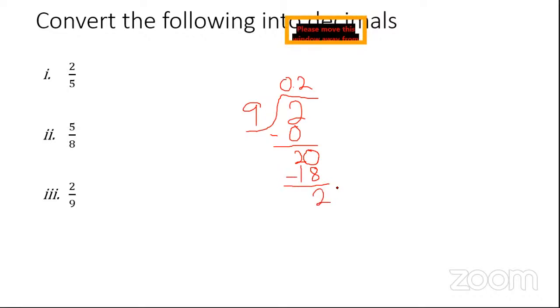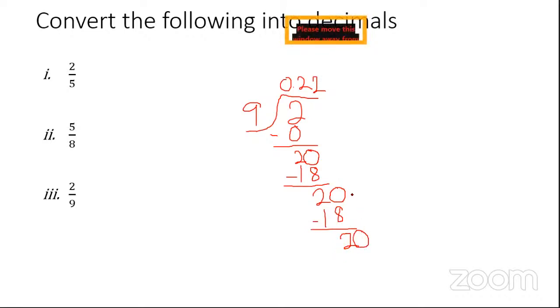So we add another 0. And say 20 divided by 9 is equal to 2 remainder 2. And say 2 multiplied by 9 is equal to 18. We subtract 18 from 20. Our answer is 2. We get another 0.